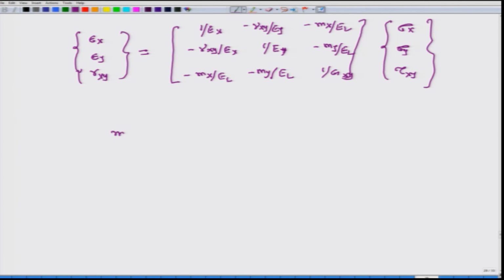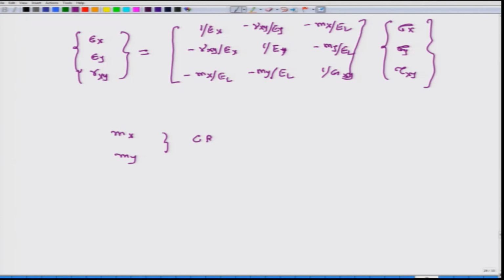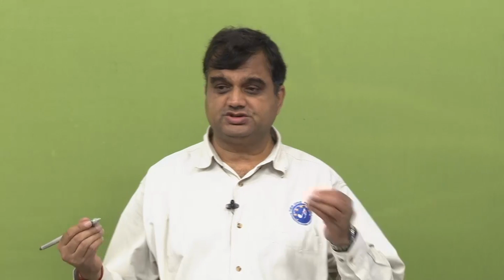So, here m x and m y, if these terms were 0, then there will not be any shear extensional coupling. These are called cross coefficients. Once again they couple the extensional response to the shear response and vice versa.